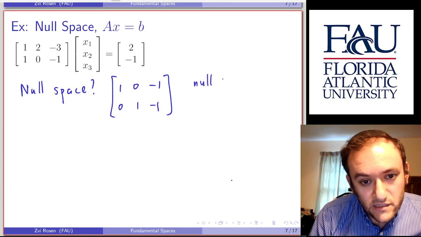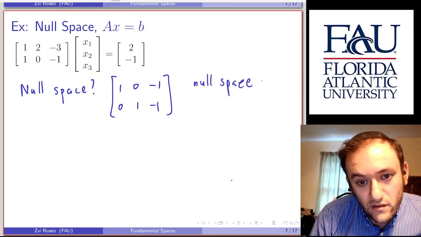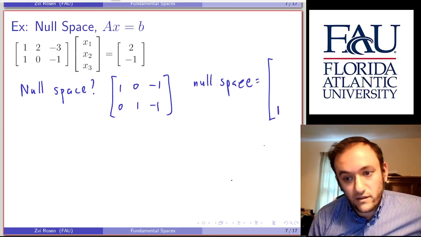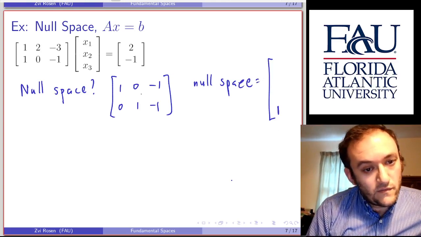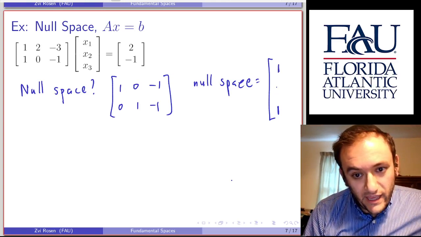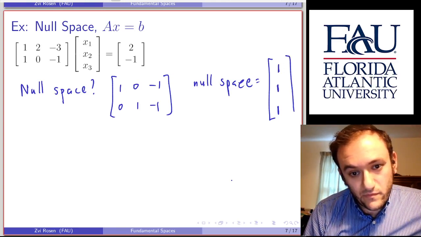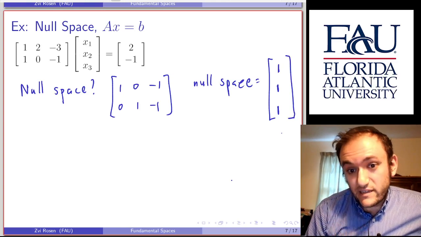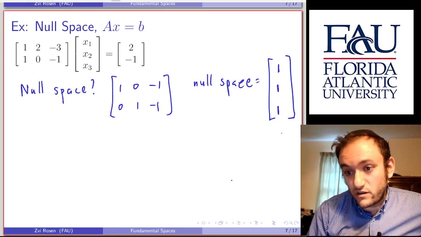So we can take the null space to be the span of the vector obtained by taking the third coordinate to be 1, that's our free variable. Then the first coordinate has to be 1, and the second coordinate has to be 1. Okay, so that vector spans our null space.